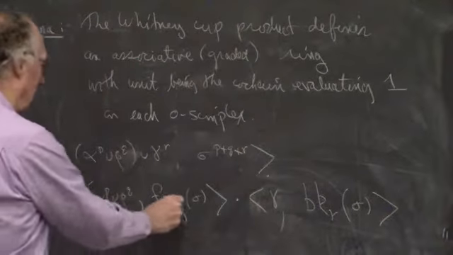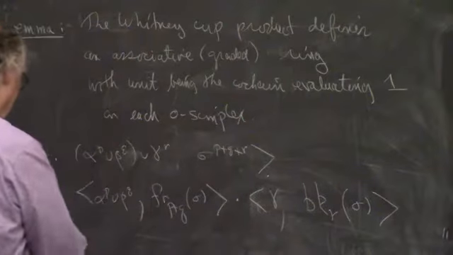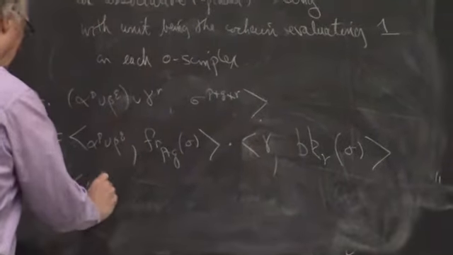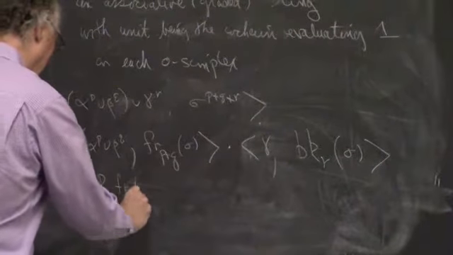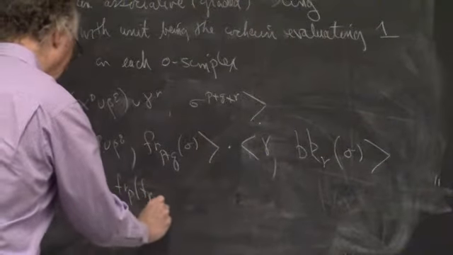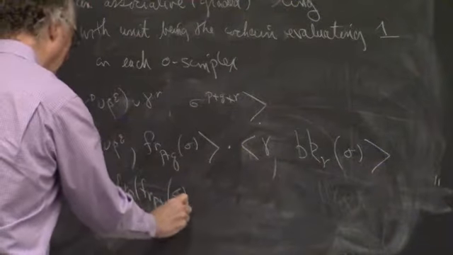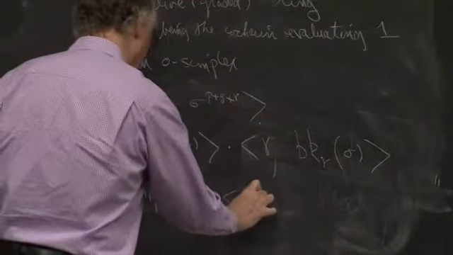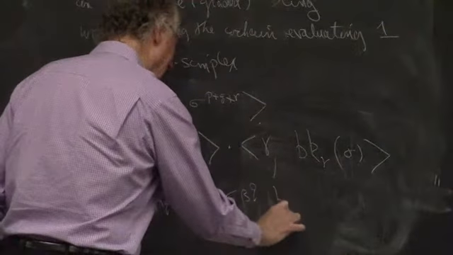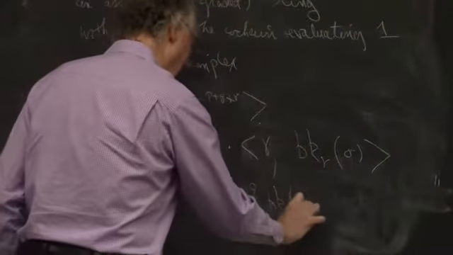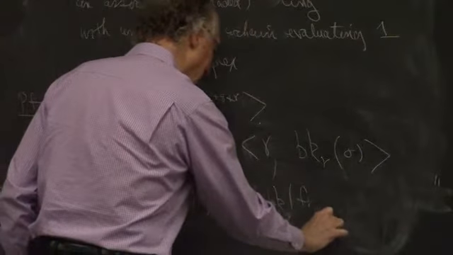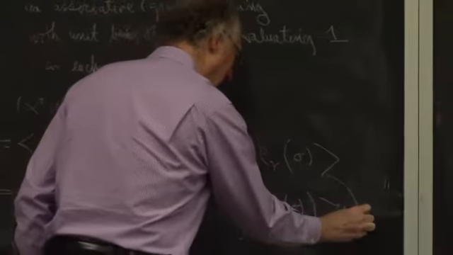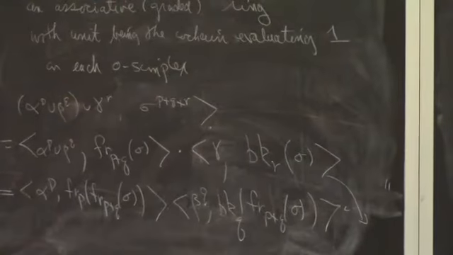Now I do the cup, I use the Whitney formula again here, and this is alpha P on the front P face of the front P plus Q face of sigma, times beta Q on the back Q face of the front P plus Q face of sigma, times gamma on the back R face.